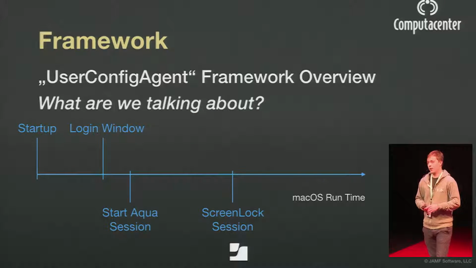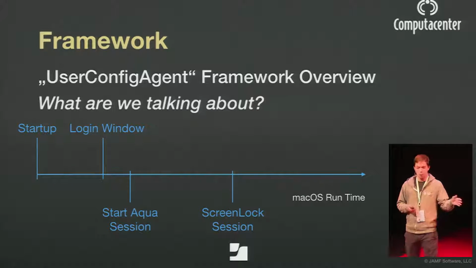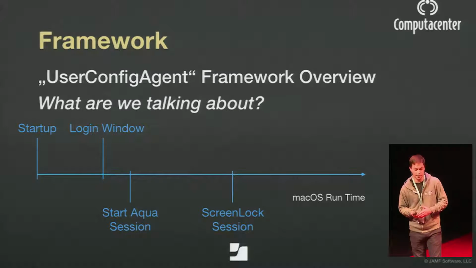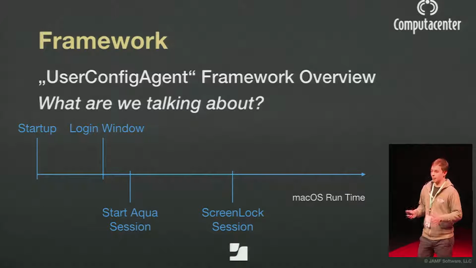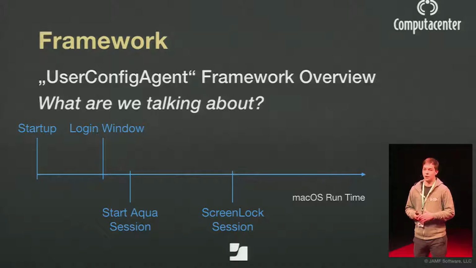So what are we talking about in detail here? When we see the macOS runtime, we have a starting point. The computer boots up. We see the login window, and you have to log in there. Type in your username, type in your password, and then you proceed to the Aqua session you're working in. When we are in our Aqua session and we want to stop our work, normally we just lock the screen or go to screensaver, and when we come back, we have to retype our password to get into our Aqua session again.